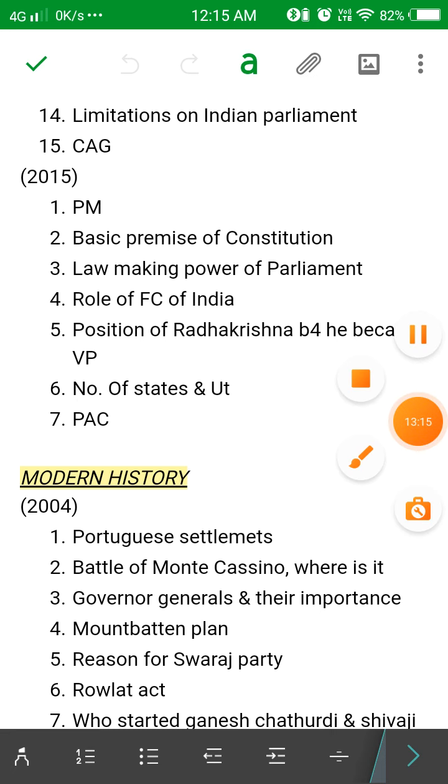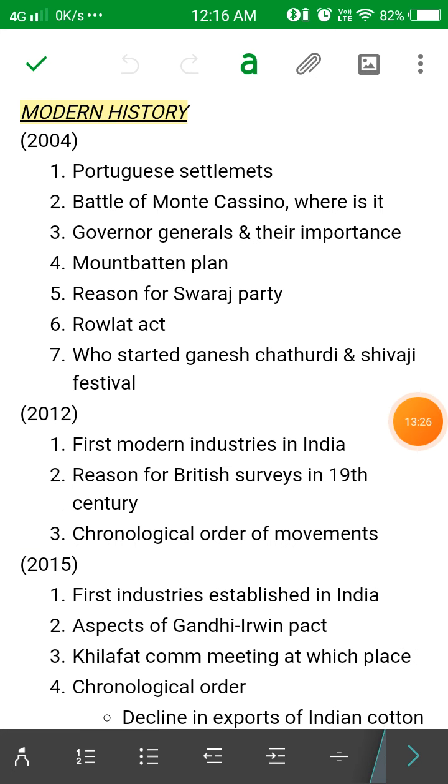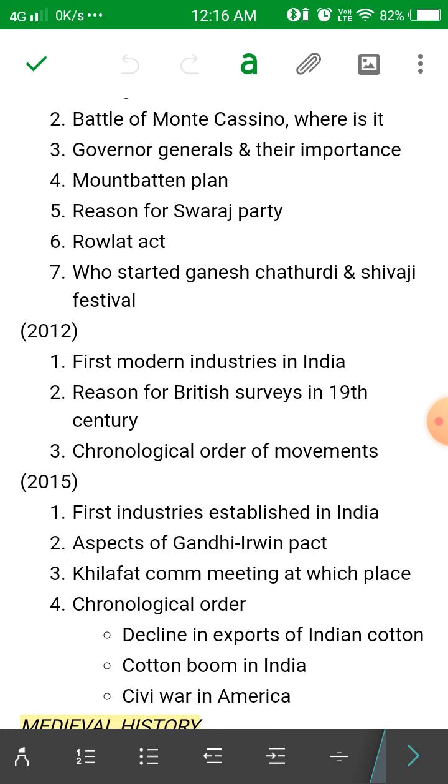So nonetheless, the questions were relatively easier when we compare it to CSE prelim, so this could be easily addressable. Coming to modern history, in 2004 paper, we could consider it as a little static and easy, but later on it became more dynamic and a little more difficult.